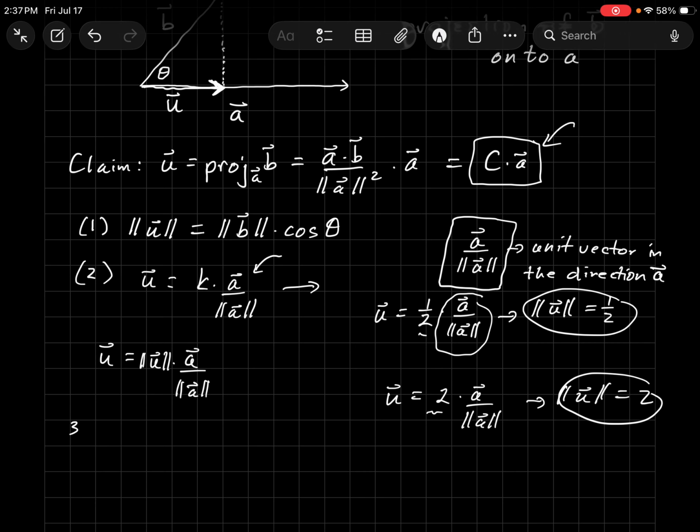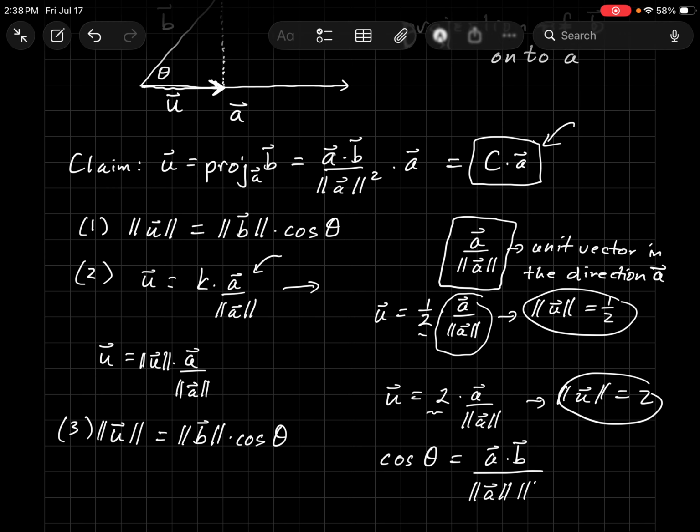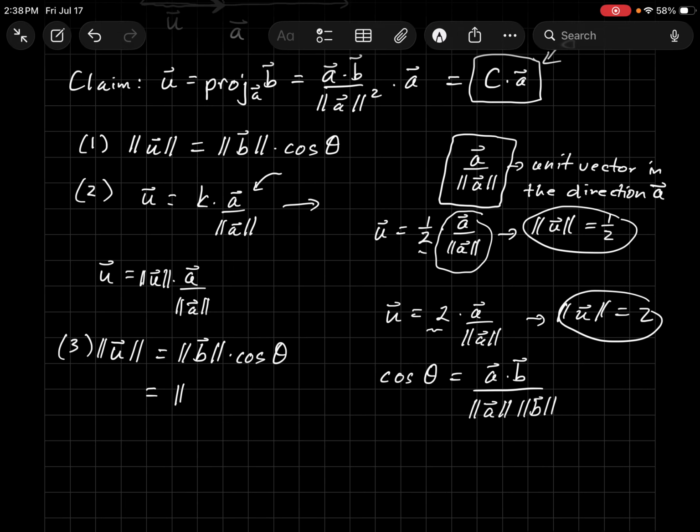So let's put another piece together. Since U, and I'm going back to number 1, but I'm going to add some stuff, the magnitude of U is the magnitude of B times the cosine of theta, and we know that the cosine of theta is A dot B over the magnitude of A times the magnitude of B, we could write the magnitude of U as the magnitude of B times this version of the cosine of theta, A dot B over the magnitude of A times the magnitude of B. So the magnitude of a vector is a number, so those will cancel out.